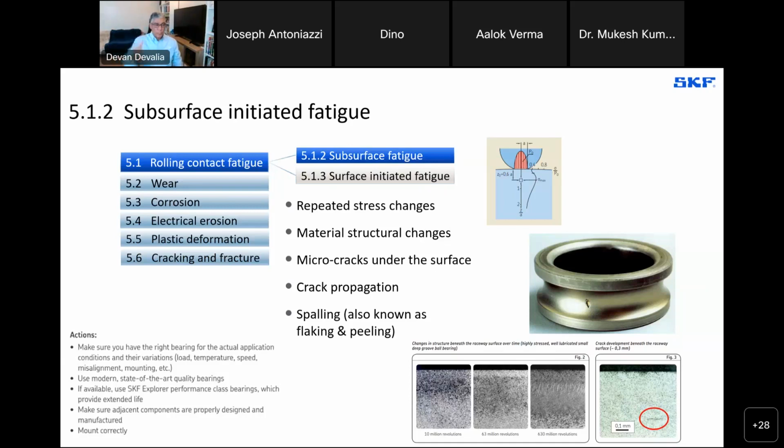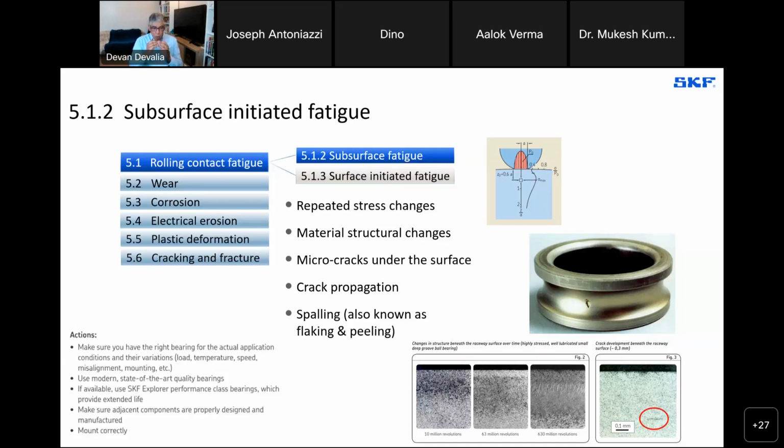If we looked at one particular point on the ring as it rotates, we would understand that one point rotates or enters through what we call the load zone or the loaded area of the bearing and reaches a point of maximum load or stress before it exits and then comes back around. So with each revolution, this point on the raceway is entering and exiting that load zone.